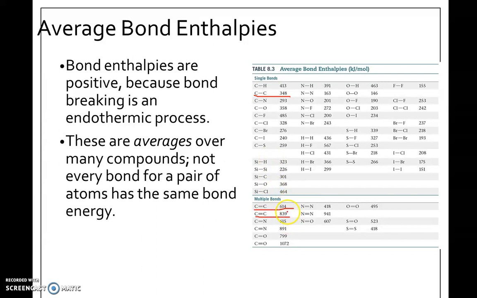That increases as you increase the number of bonds. So if you have a triple bond between these two carbons, it requires 838 kilojoules per mole, where only one single bond has less than half of the energy required. So it requires more energy to break multiple bonds.